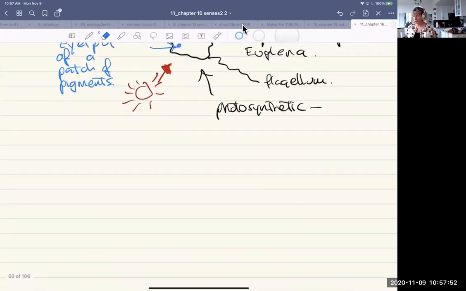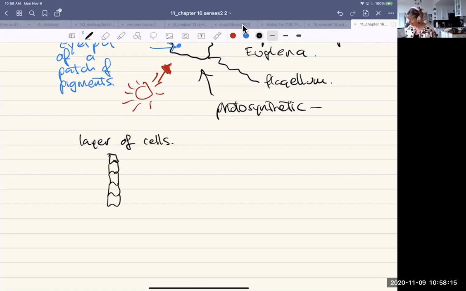So I'm just going to show you a layer of cells here to illustrate, just so you can see how these cells may have changed over time in the evolution of the eye. So here's a layer of cells, highly magnified, of course.